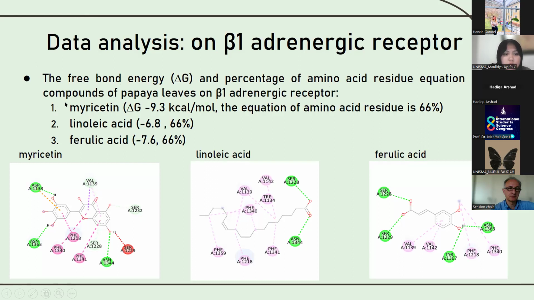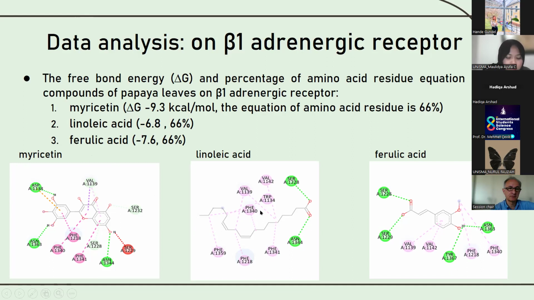Myristicin has a delta G of minus 9.3, and the amino acid residue similarity is 66%. Then linoleic acid has minus 6.8, and the amino acid residue similarity is 66%. And for ferulic acid, we have minus 7.6, and the amino acid residue similarity is 66%.